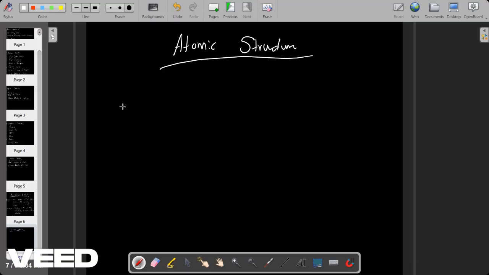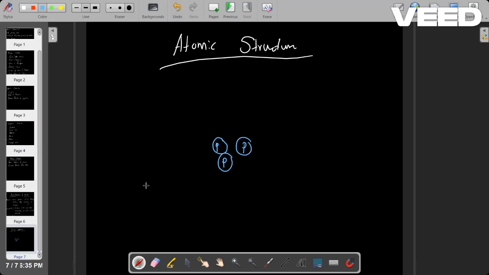So atomic structure, we are learning about what is an atom, right? Now remember, I think you know. At the center you have things called protons, right? P means protons.